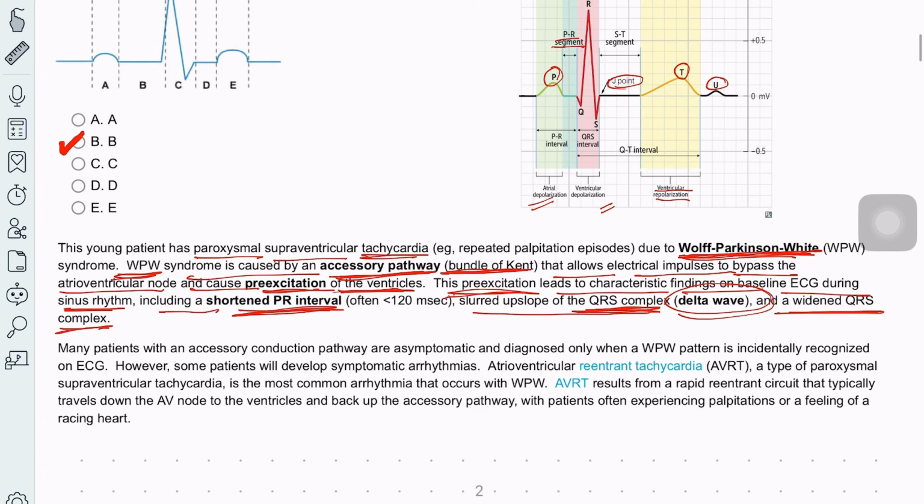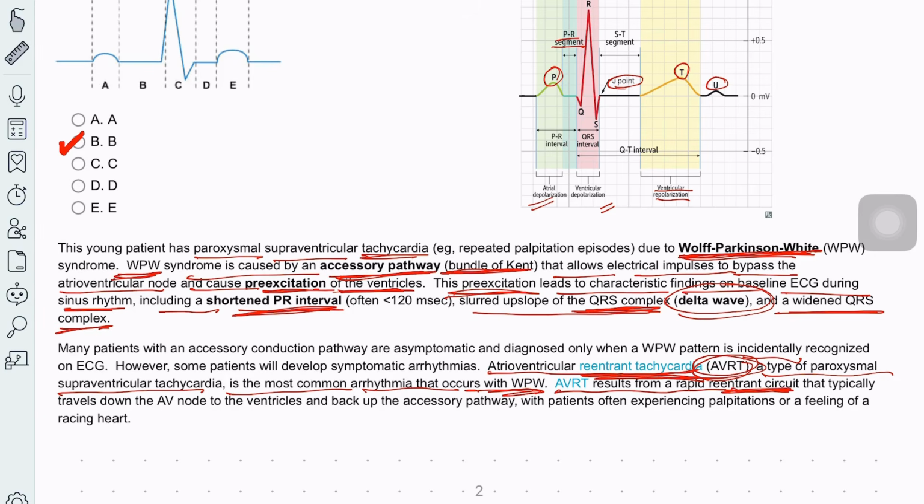Many patients with an accessory conduction pathway are asymptomatic and diagnosed only when a WPW pattern is incidentally recognized on ECG. However, some patients will develop symptomatic arrhythmias. Atrioventricular reentrant tachycardia, that is AVRT, a type of PSVT, is the most common arrhythmia that occurs with WPW.